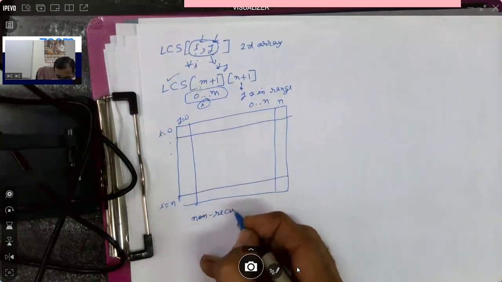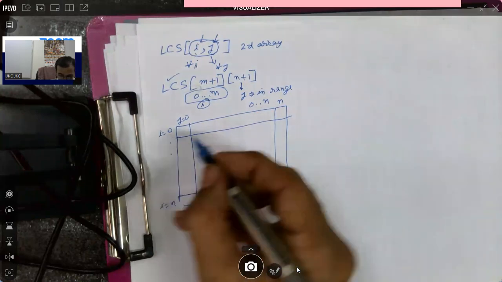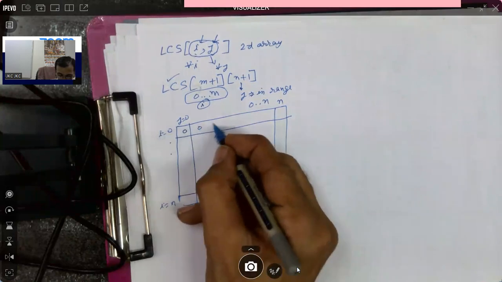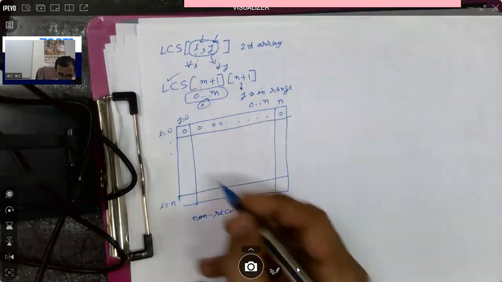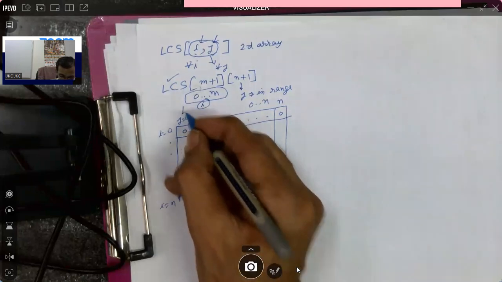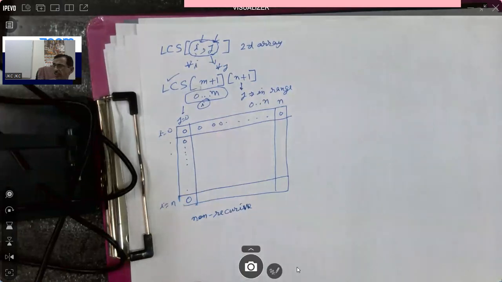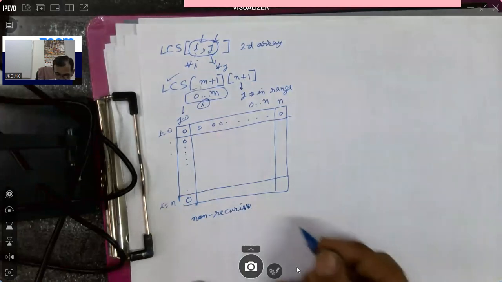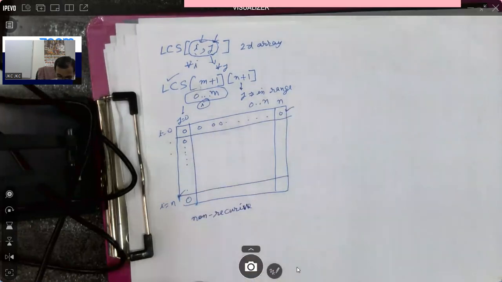First of all, whenever i is 0, guaranteedly all these values are 0. When i or j is 0, I can guaranteedly say all these values are 0. So these values are non-recursive.